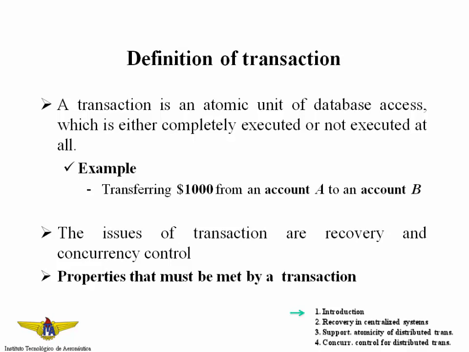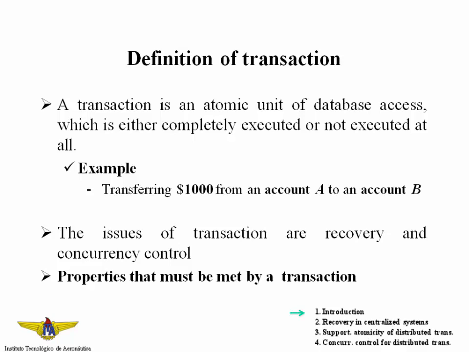For this course, a transaction is an atomic unit of database access, which is completely executed or not executed at all. You have to see transactions as a set of sub-transactions.